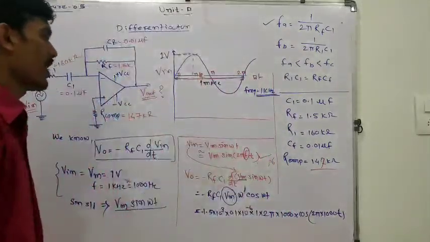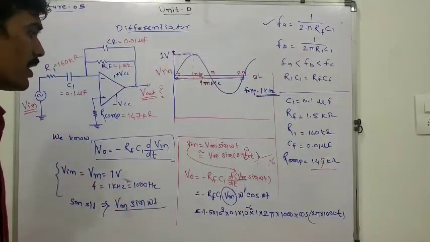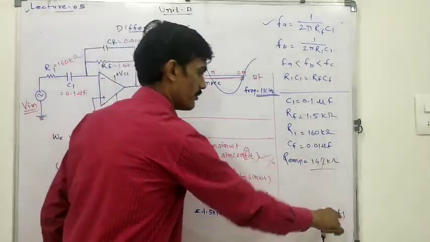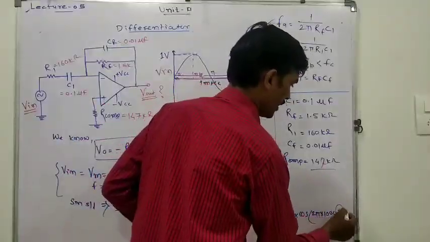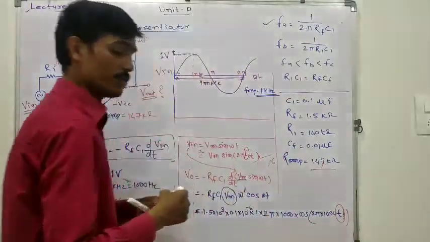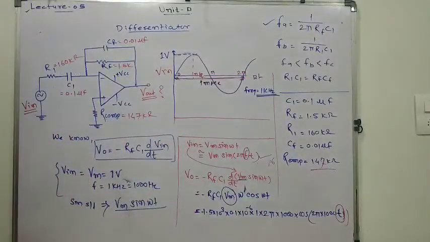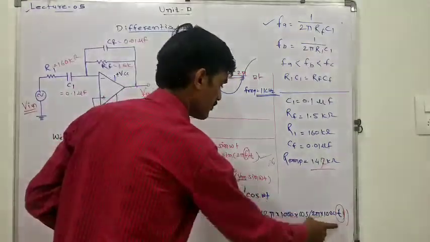At what time are we calculating the output? If we put t equal to 0, that means we are calculating the output voltage at t equal to 0. If we put t equal to 1 millisecond, that means we are calculating the output voltage at t equal to 1 millisecond. So this is nothing but a generalized formula.